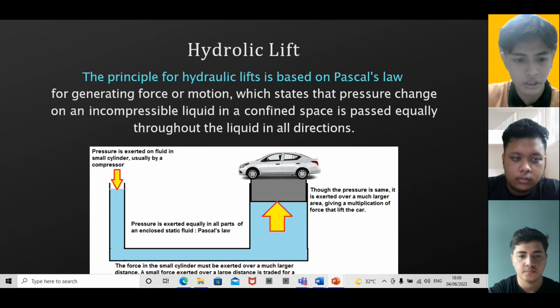Secondly, pressure is exerted equally in all parts of an enclosed static fluid, Pascal's law. The next is the force in the small cylinder must be exerted over a much larger distance. A small force exerted over a large distance in the truck. Lastly, the pressure is the same. It is exerted over a much larger area, giving a multiplication of force that lifts the car.